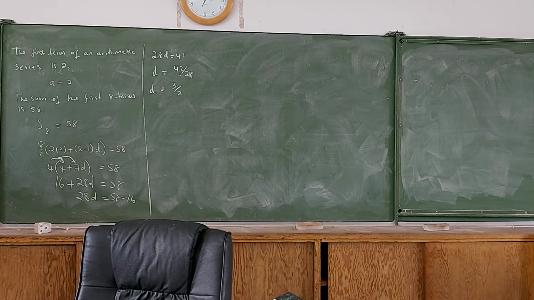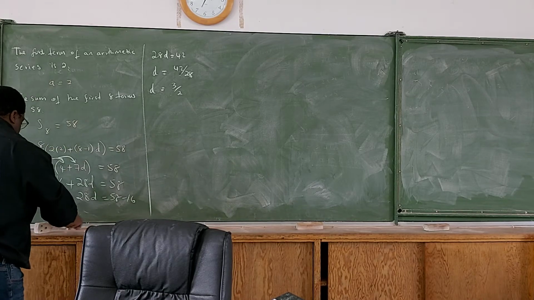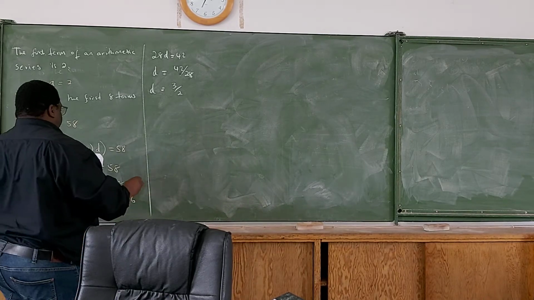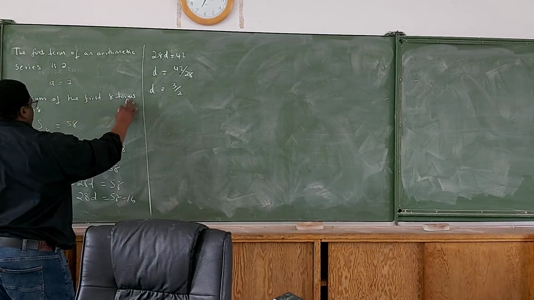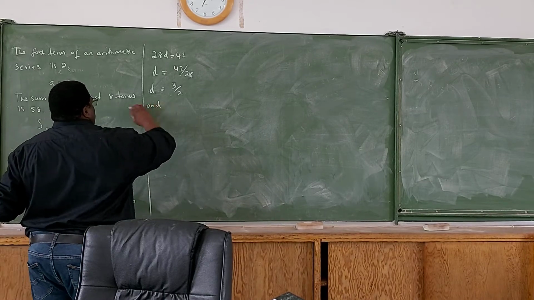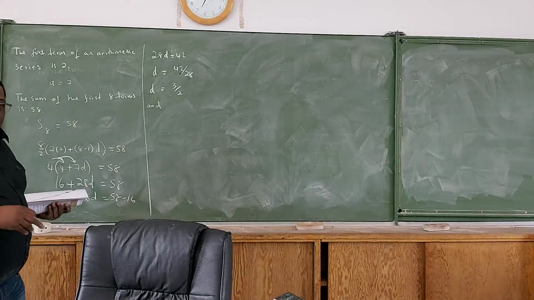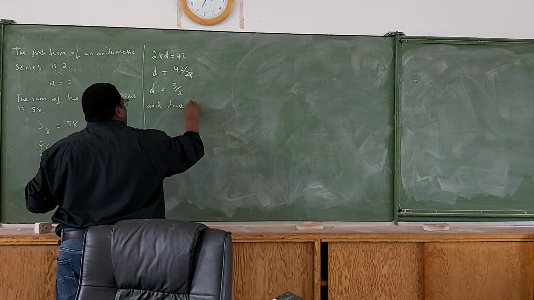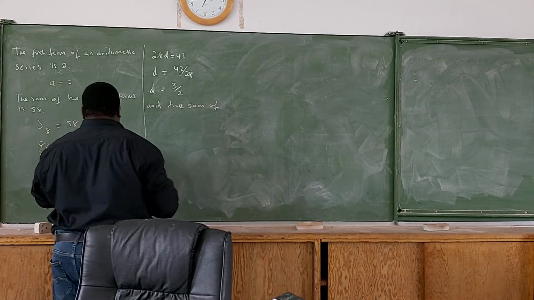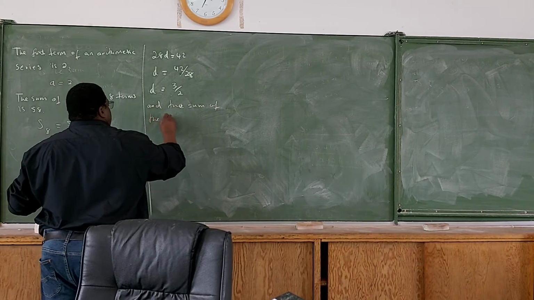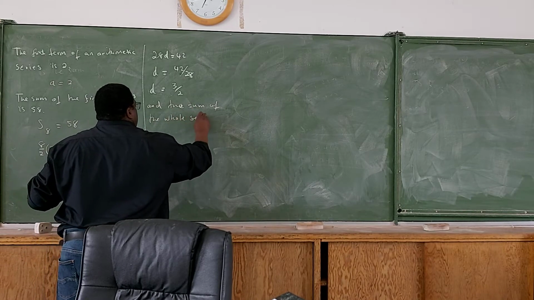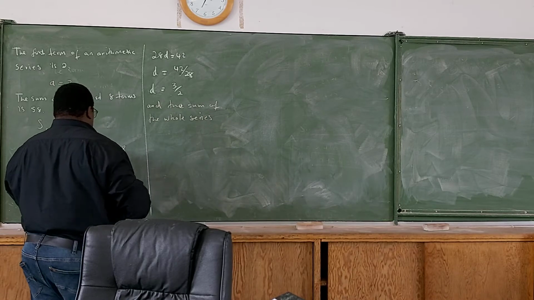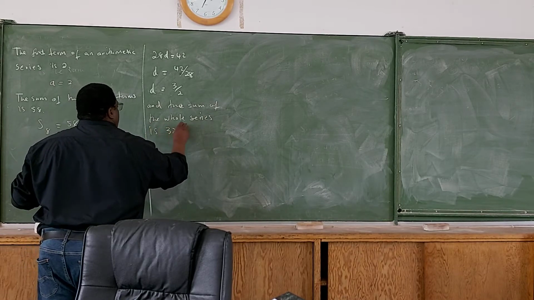Now they are saying there's also another story, right? It was part of this story here. And it was just me now working out the d. The sum of the whole series is 325.